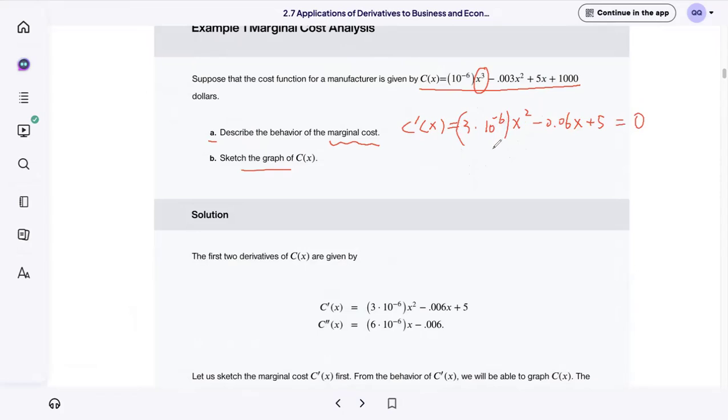It's better to use the quadratic formula because we want to sketch the graph, right? To sketch the graph, we need to know the x-intercept, the y-intercept, and whether the function is increasing in the intervals. To solve this, we'll get x values.